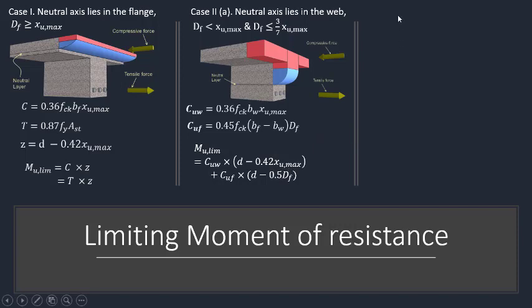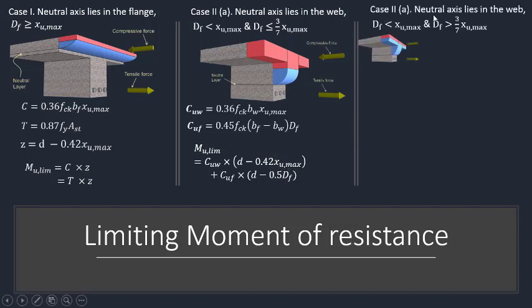The second subpart of second case comprises of neutral axis lying on the web, that is, depth of flange is less than limiting neutral axis depth, and the depth of flange is greater than the rectangular stress block depth, which is 3/7 times limiting neutral axis depth. In this case, as can be seen here, non-uniform stress acts on the flange.